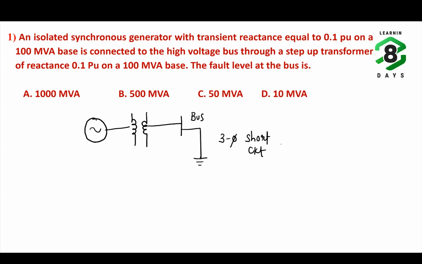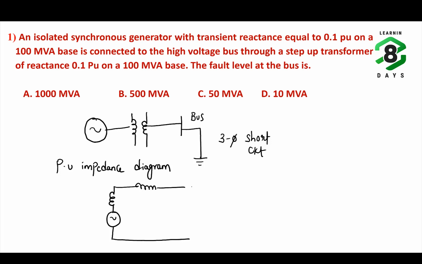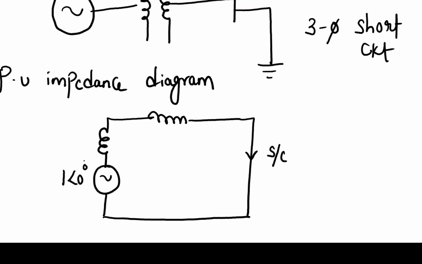So if you draw the per unit impedance diagram, it will become this: this is the transformer and this is the short circuit. So the generator voltage we write as 1 per unit and the generator reactance is 0.1 per unit. The transformer reactance is 0.1 per unit.